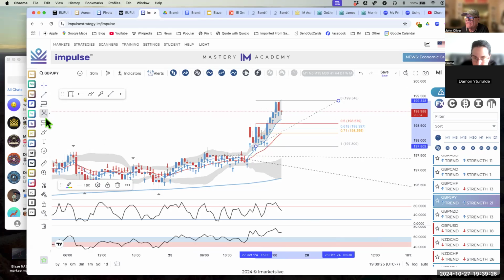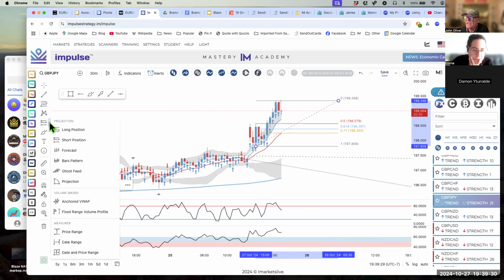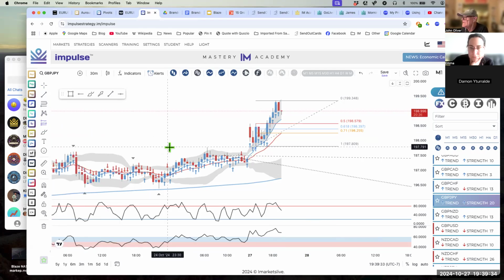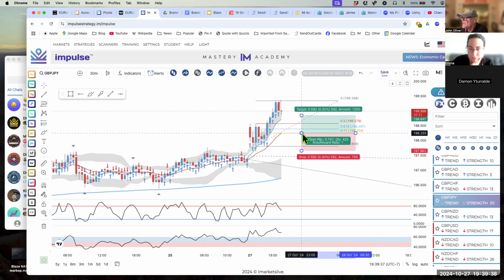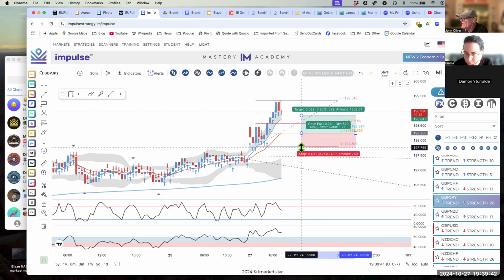And then, instead of going for our short position, we want the long position because we're going for a buy. So again, we click on exactly where the 71% mark is. There it is. We're going to shorten that up to 197.765. We're going to change this so that the risk reward is 2.